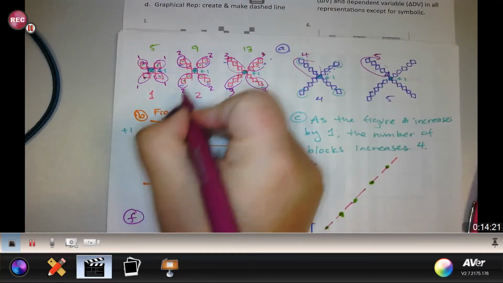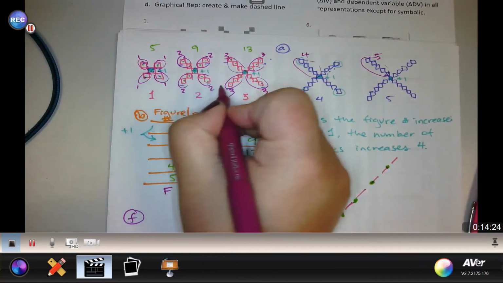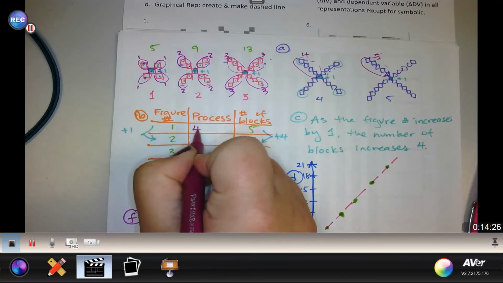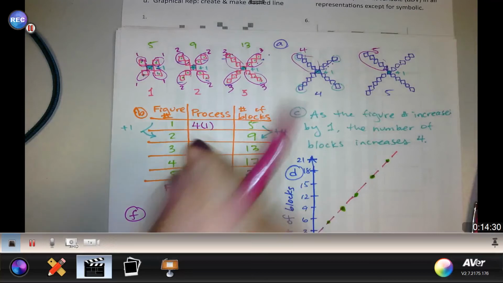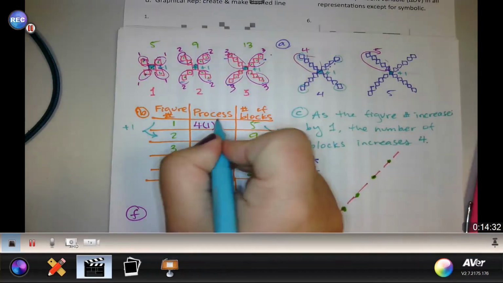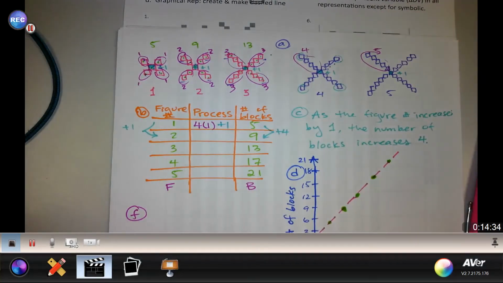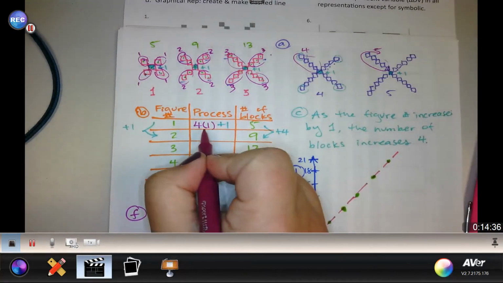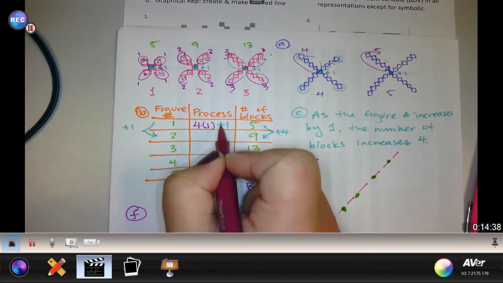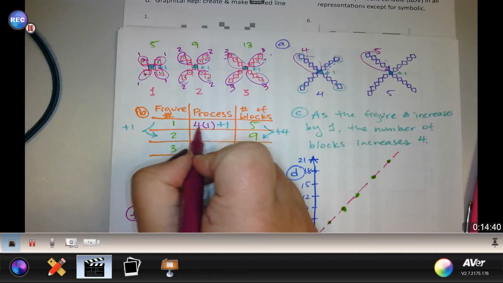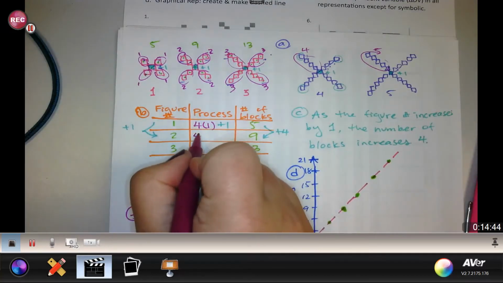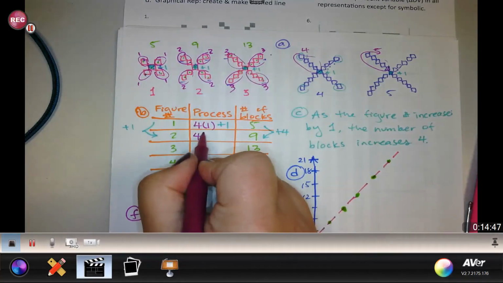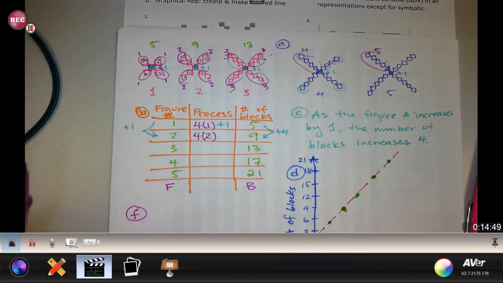So the way I see this is that in the first one, there are 4 groups of 1 tile or block in each one, plus that middle block, +1. And that's that center block. If you had a calculator and you put this in, or you followed order of operations, that does equal 5, because 4 times 1 is 4, plus 1 more is 5. Then for my second one, we have 4 groups, which are those legs, with 2 blocks in each one, plus that center block again.